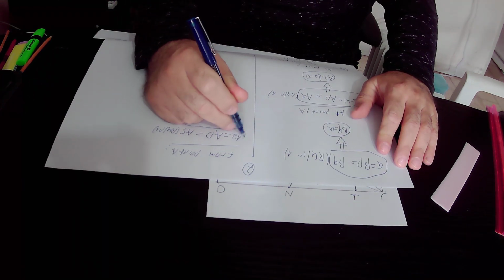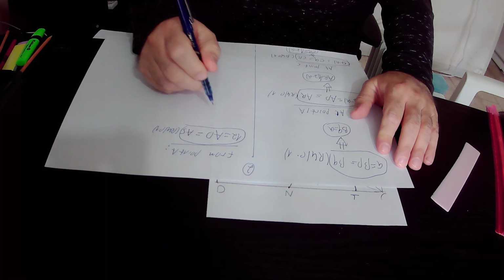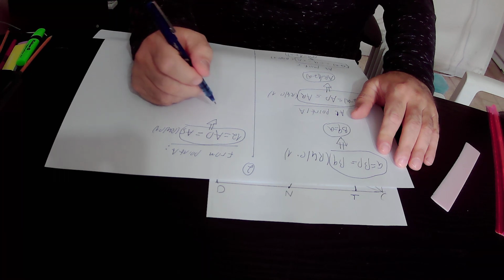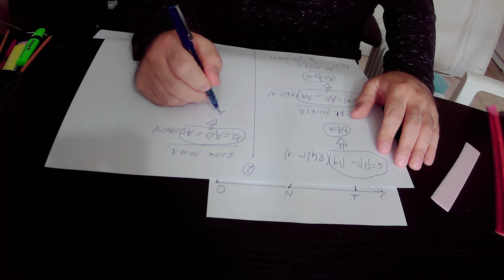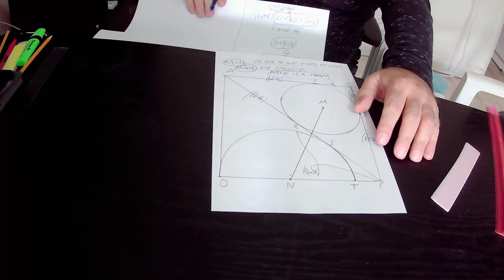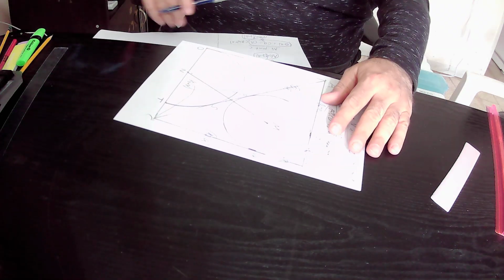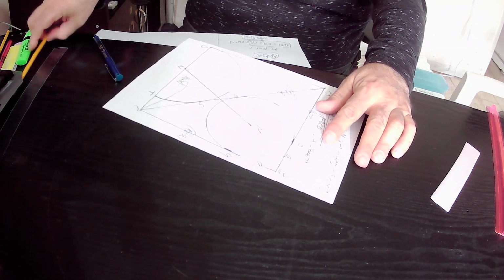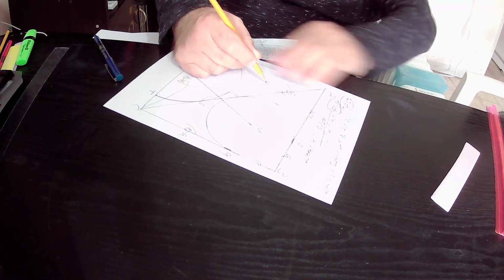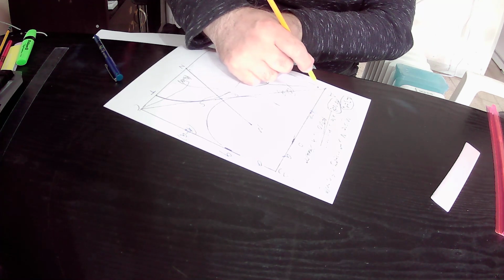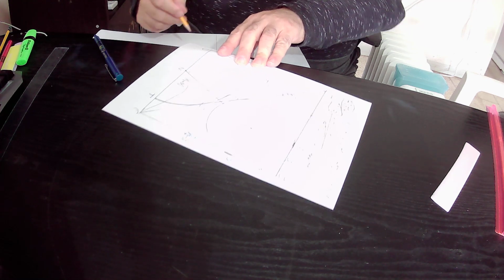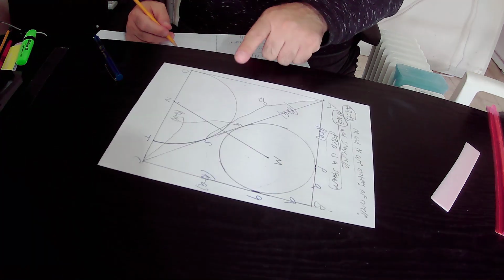So from this equation, 12 equals AD equals AS, we derive that AS is also equal to 12 units. So we can write here that AS is equal to 12 units.